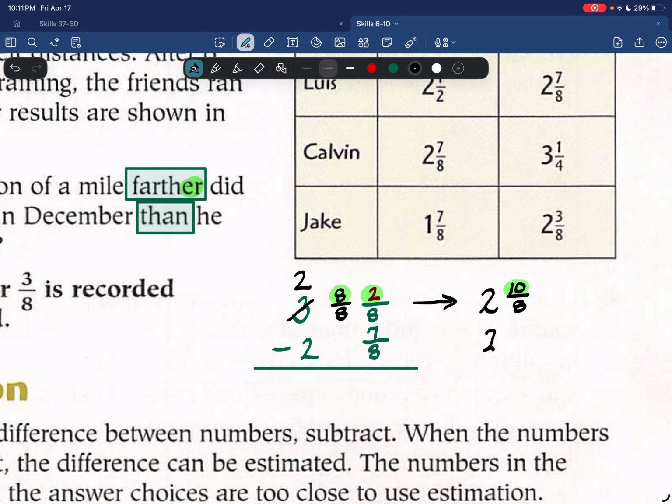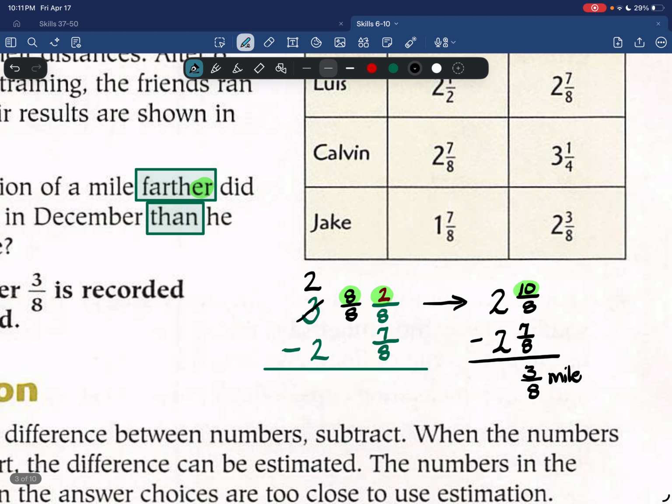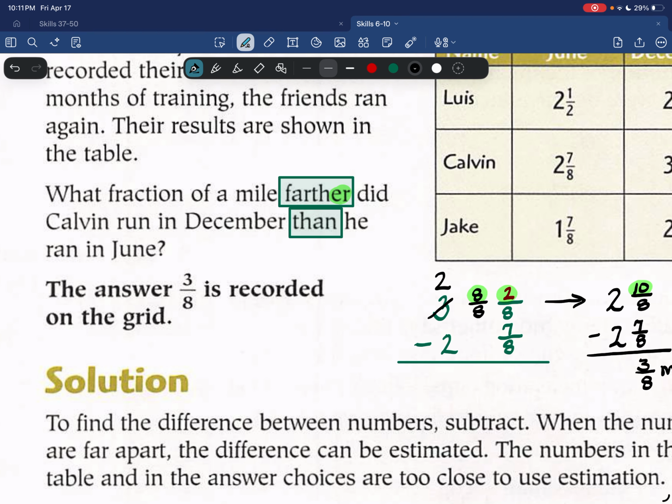And then 2 7/8, the bottom one will never change. Your work will always be on the top. And you end up with 3/8. So 3/8 of a mile is the answer. And that is what we have here.